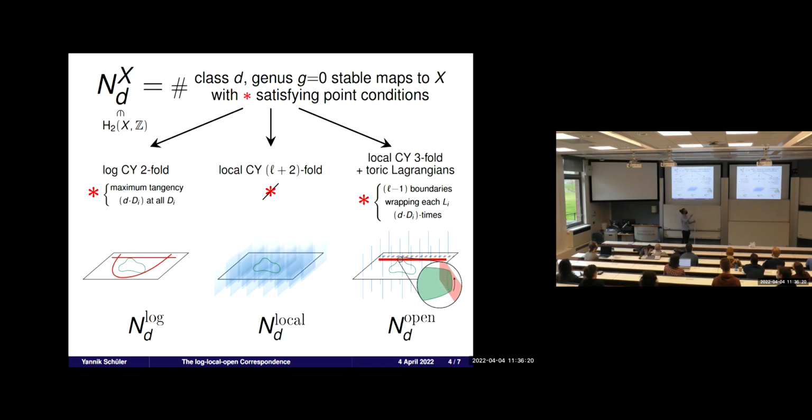Or I should better say, do you know the work? Li, Liu, Liu, Zhu? The approach. So they use the idea that basically relative invariants should be a limit. So if you shrink this S1 of the Lagrangian together, that should give you a divisor, so these pictures should be somewhat exchangeable.